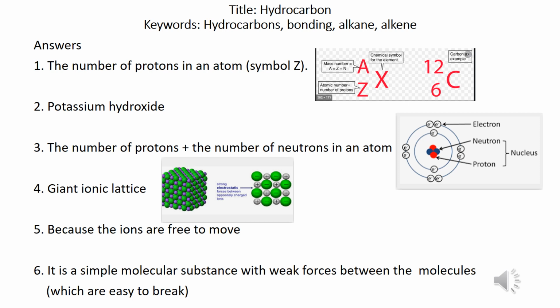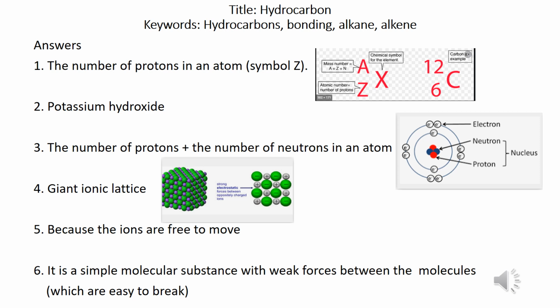So you have the positively charged particles and you have the negatively charged particles. Both these oppositely charged particles are held by a strong electrostatic force to keep the shape or the structure of a giant ionic lattice. Okay, so sodium chloride is an example of a giant ionic lattice or structure.